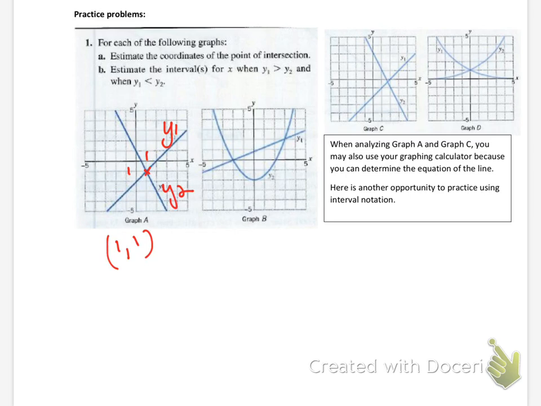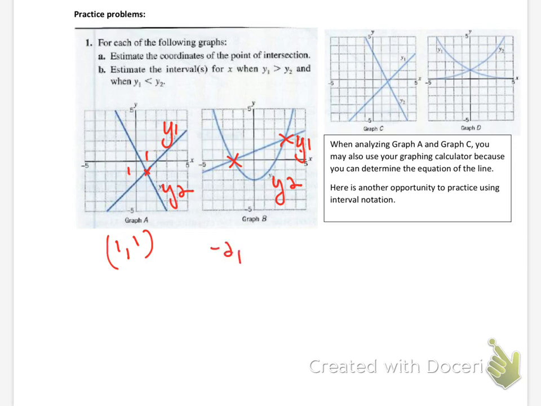They are both lines. Okay, here the next one you have an example of a line, which is y1, and a parabola, which is y2. So I see I have an intersection here and an intersection here. So in this situation, I have 2 points of intersection, so let's figure them out. The first time they intersect is at, let's see, 1, 2.